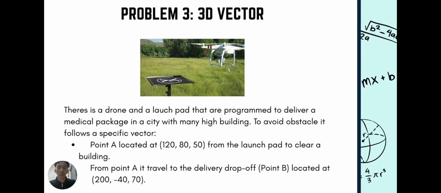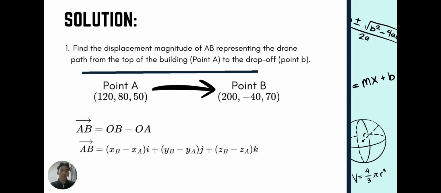Hello and thank you from panel 2. Now I will continue to explain my problem, which is related to a drone programmed to deliver a medical package in a city with many high buildings. Firstly, the question states that we need to find the displacement magnitude of AB, representing the drone from the top of the building to the drop off point, which we can find from the AB vector, the vector OB minus the vector OA.